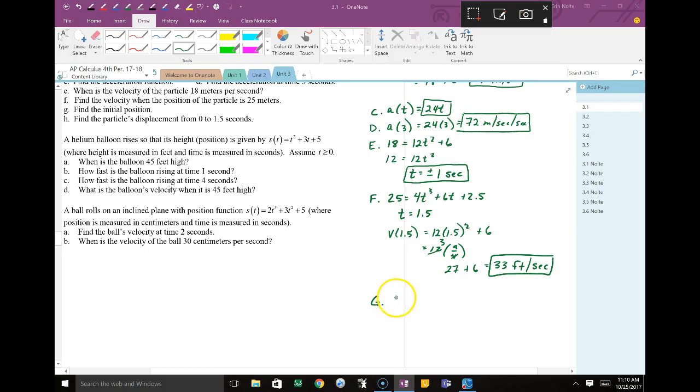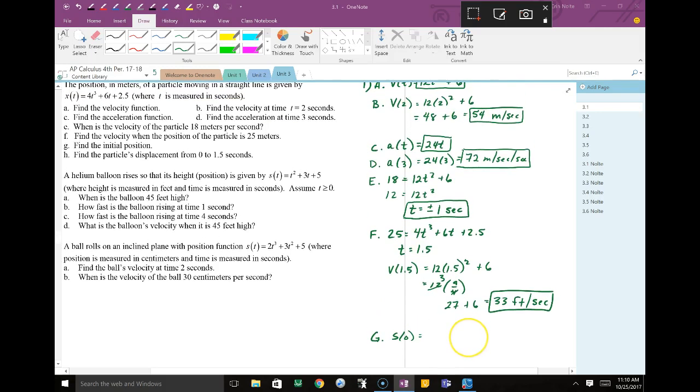So we're plugging in, T is going to equal 0 of our position. Let's write it S of 0. Yeah, exactly. Plug in 0. Yes. Okay. Meters.